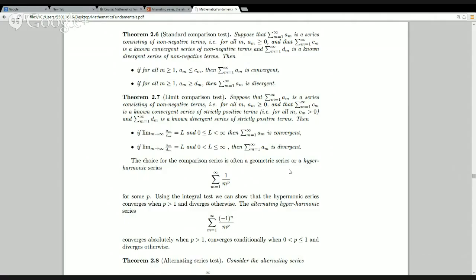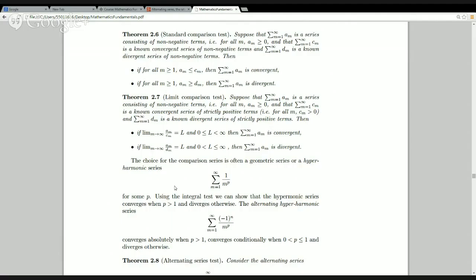And we remarked, there in the middle of page 15, that we almost always use one of the hyperharmonic series as the comparison series, because we have a complete understanding of their convergence or divergence. That's the series where you add up all the terms 1 over m to some power p. Whether it converges or diverges depends simply on the exponent p.